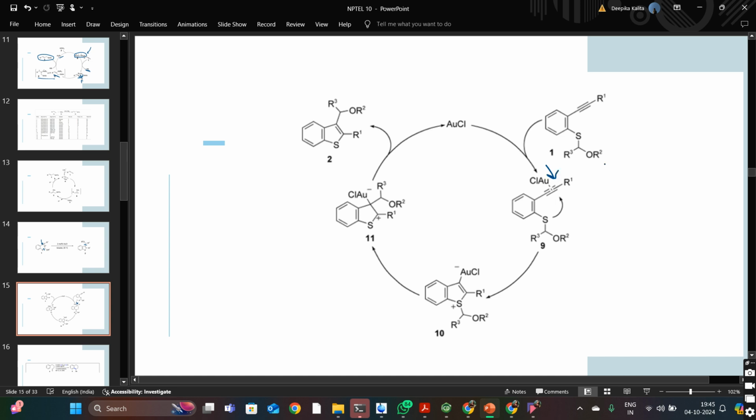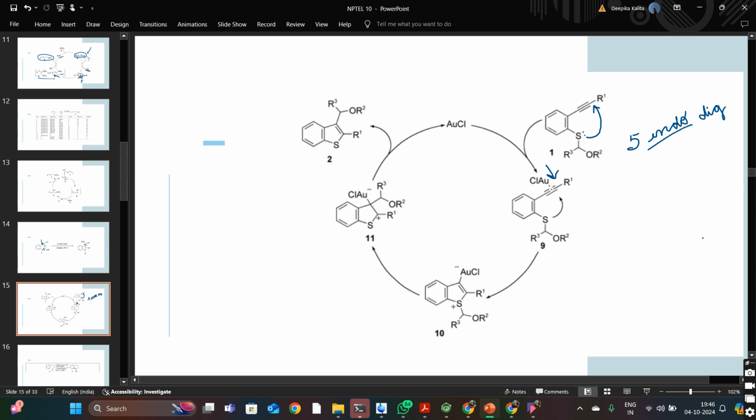Okay, and the nucleophilic sulfur atom is now going to give you 5-endo cyclization.